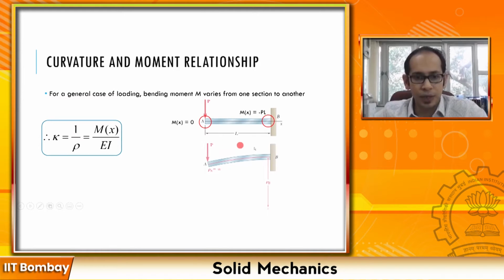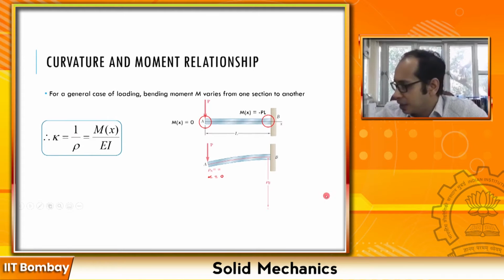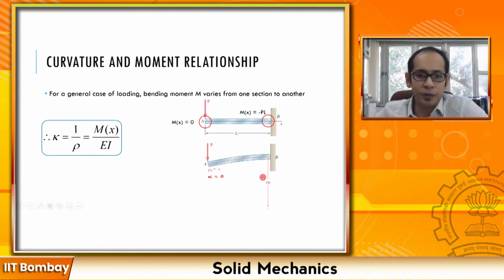So at this particular place, your kappa is essentially 0. Let's just write that down: kappa equals 0 and rho is infinite. And here you have a finite value of kappa, which is minus PL divided by EI, and correspondingly a finite value of your radius of curvature rho.